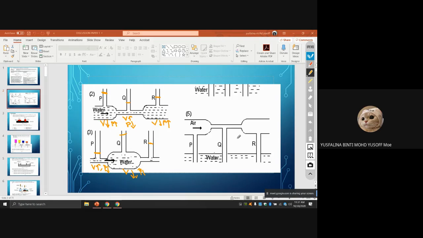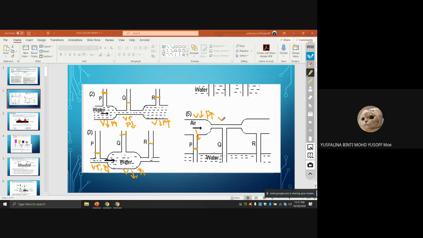For this one, the velocity is lower, so the pressure is higher. So the water cannot rise up, because the air will push the water down, since here the pressure is higher. So this one should be the lowest one.